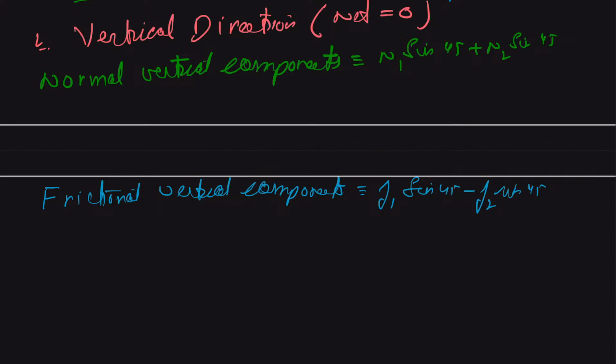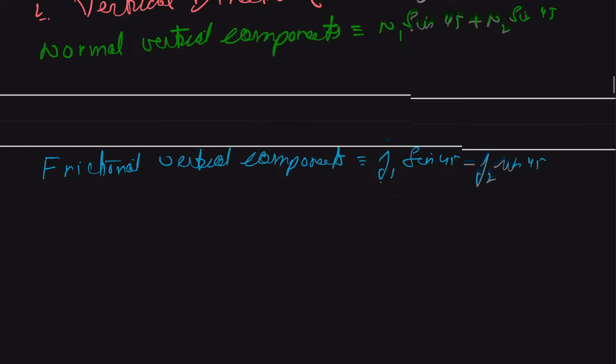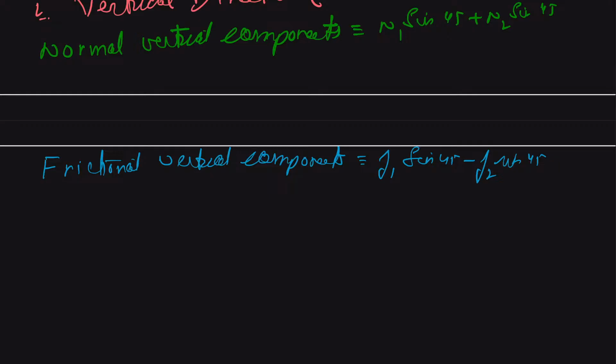there will also be our mg acting in the downward direction. So we have a vertical force mg, vertical weight, which is our mg.